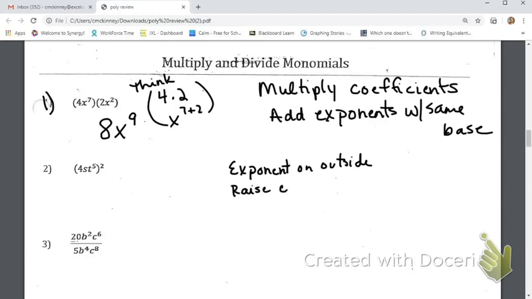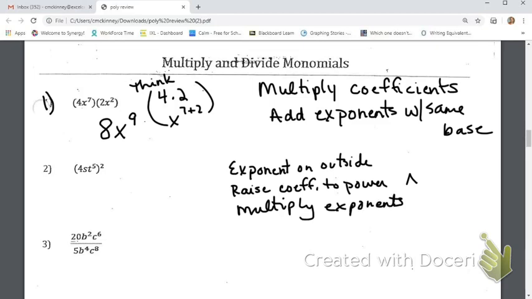Raise the coefficient to the power. So remember, that's when we use this button on the calculator if we don't know it off the top. And multiply the exponents. That little arrow is the button on the calculator.